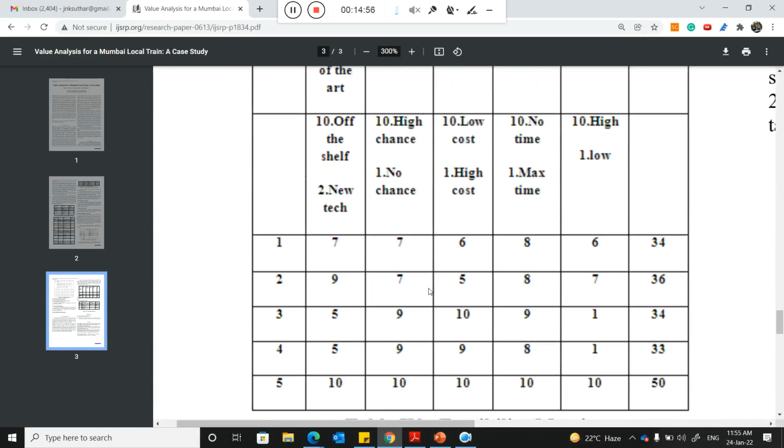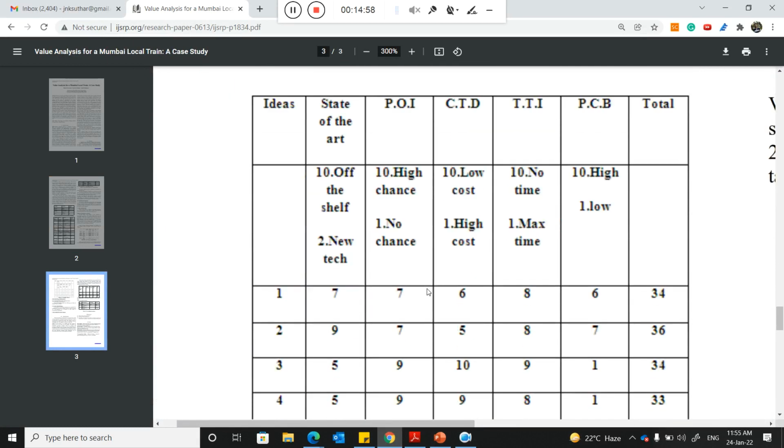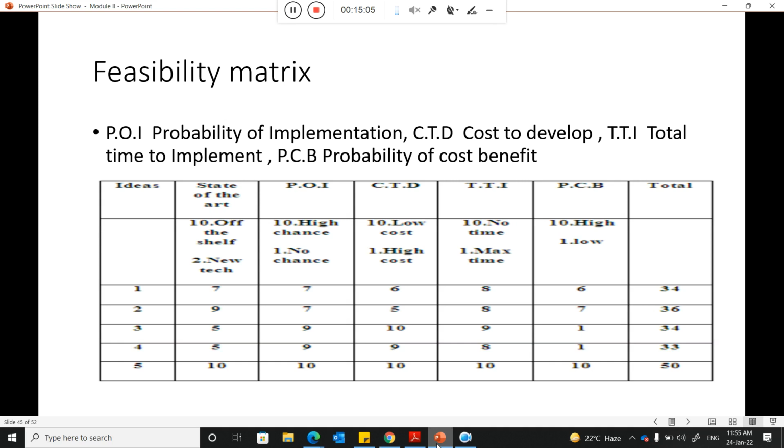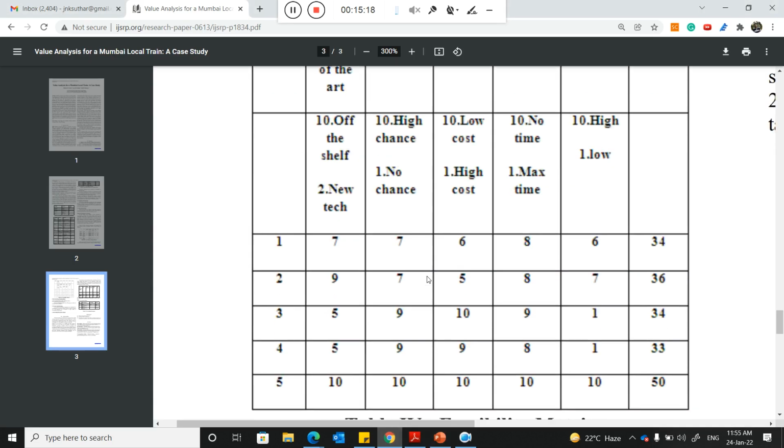In the next point you identify POI, CTD and TTI. POI means probability of implementation, CTD means cost to develop, TTI means the total time to implementation, and probability of cost benefit. Okay, so now I go to that particular research article.